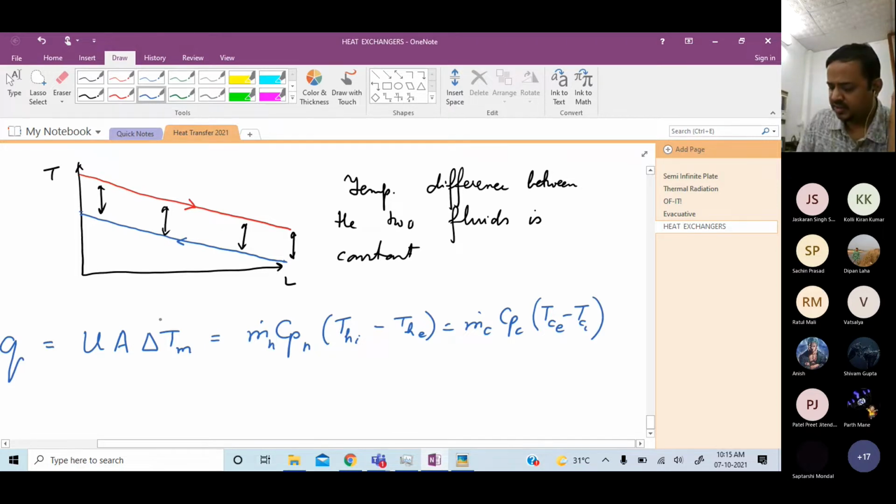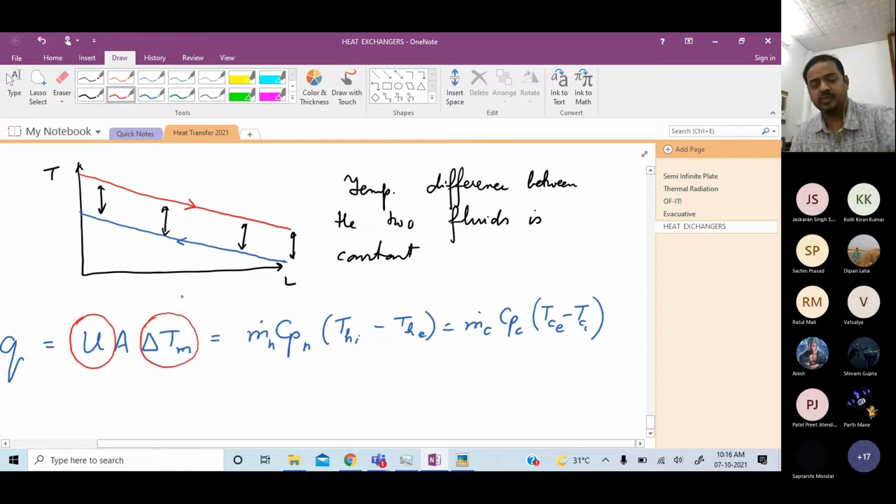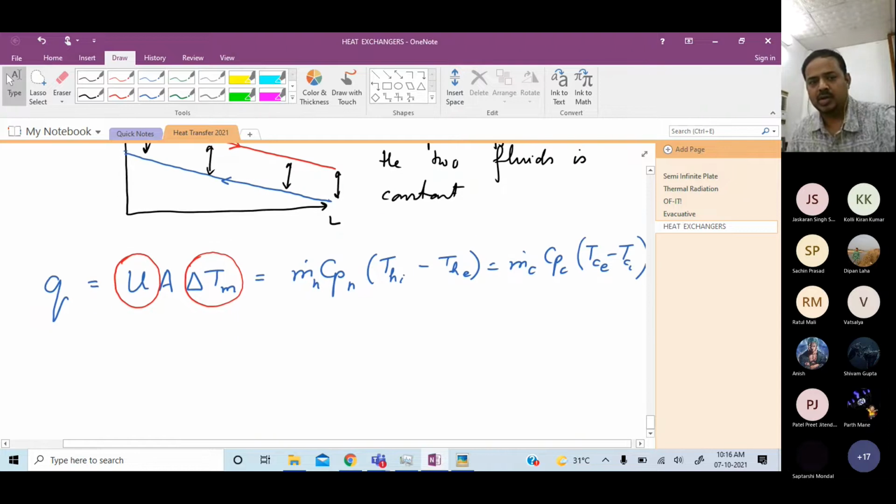Through this exercise, we first figured out how to calculate U if it is not given, and how to calculate delta Tm at least for parallel and counter flow. So the question is, what about other situations?